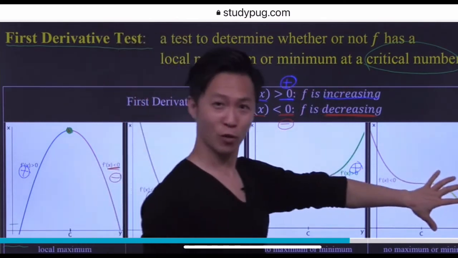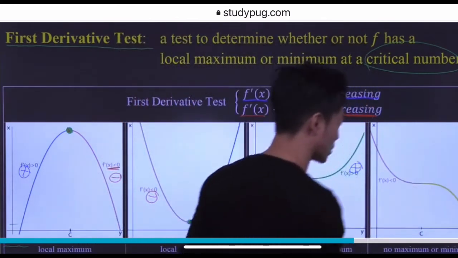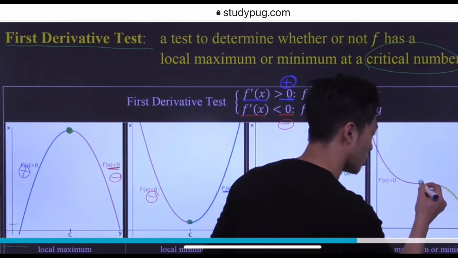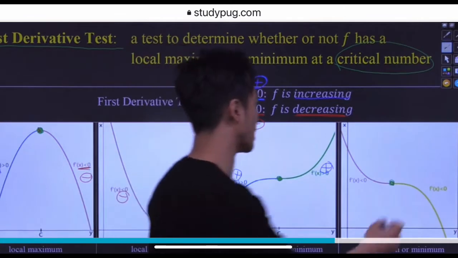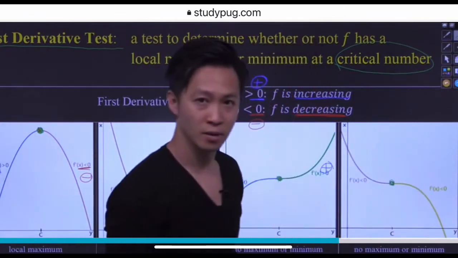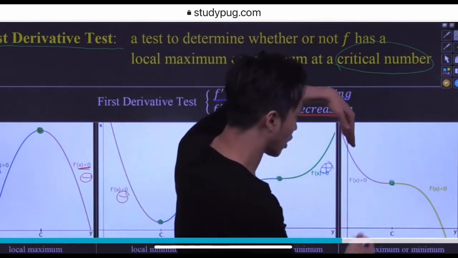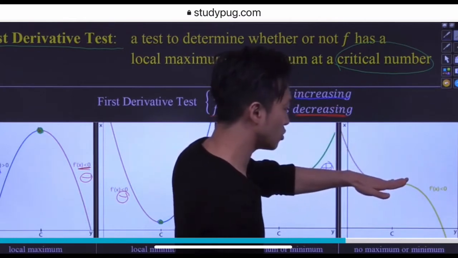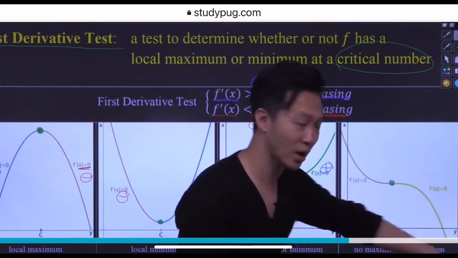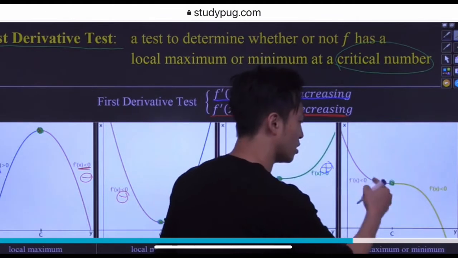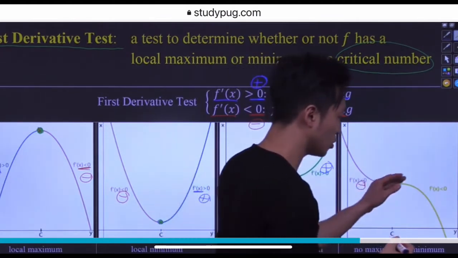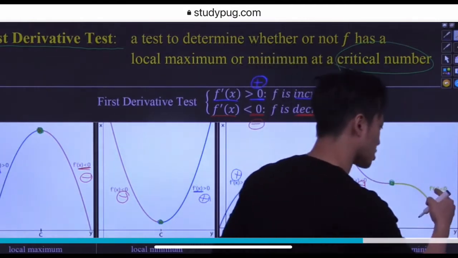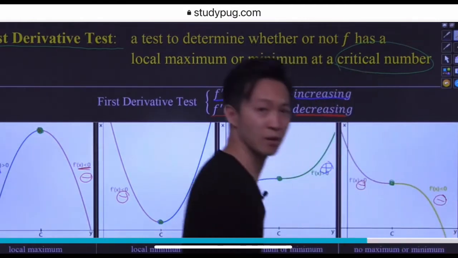Yeah, now how about the fourth case here? Once again, we have a critical point right here where the derivative of function is equal to 0. Now look, in this case, the graph of function goes from decreasing to decreasing, right? So decreasing where the first derivative is less than 0, is negative, to decreasing again where the first derivative is negative, right?